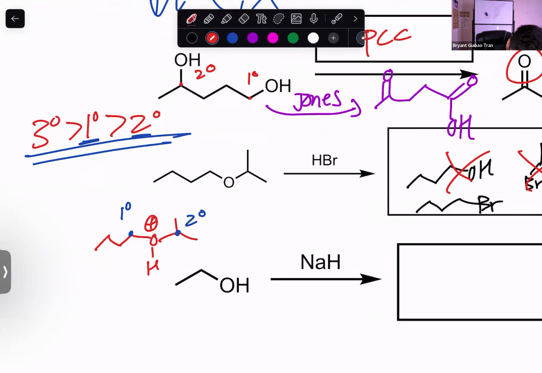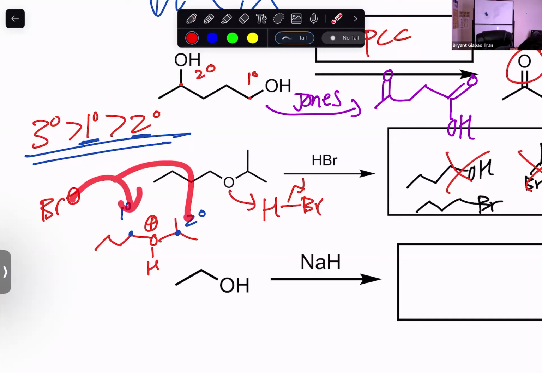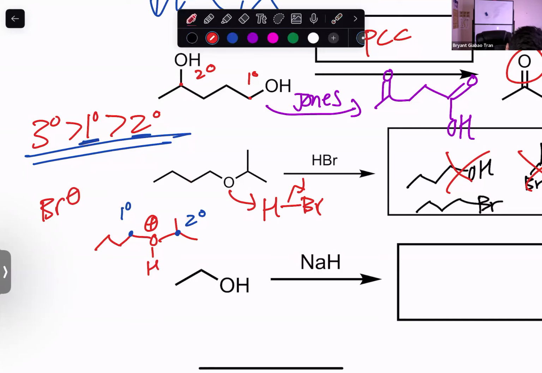So when the O attacks the H and kicks out the Br, right? This Br minus right here is now gonna choose between a primary carbon or a secondary carbon to attack. A primary carbon is gonna come from an SN2 reaction. Tertiary carbon is gonna do SN1 reaction. Secondary SN2. Right, there's no tertiary carbon here, so we don't do SN1.